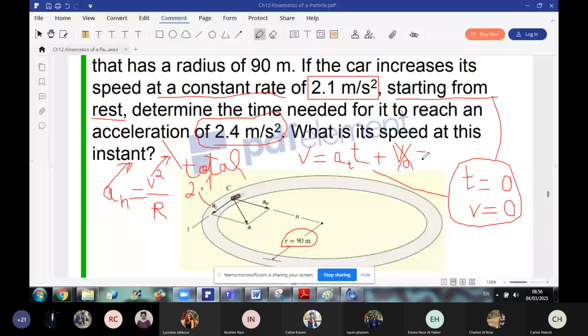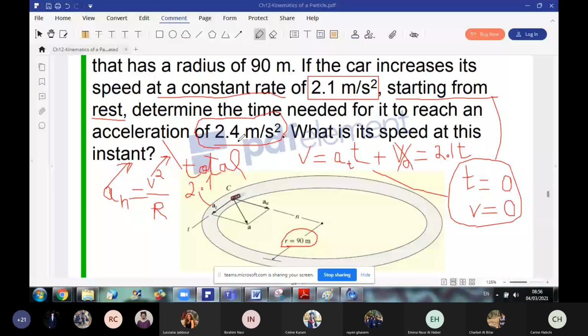Now I have v expressed as a function of time, and I want to find time. So I apply the condition they asked about: determine the time needed for the acceleration to reach 2.4 meters per second squared.